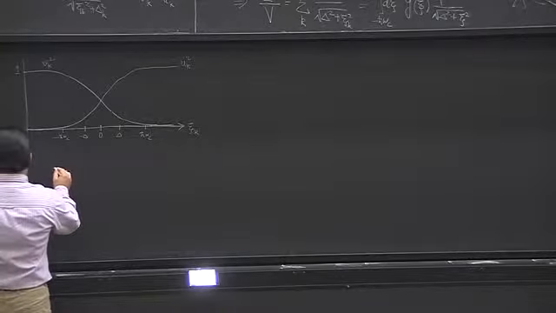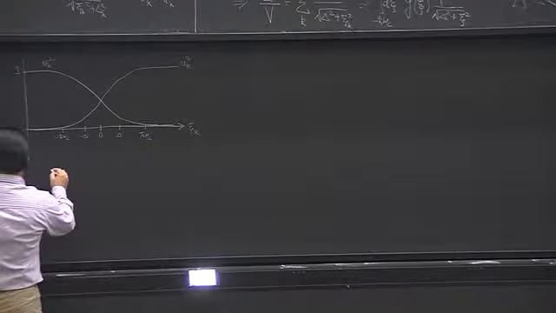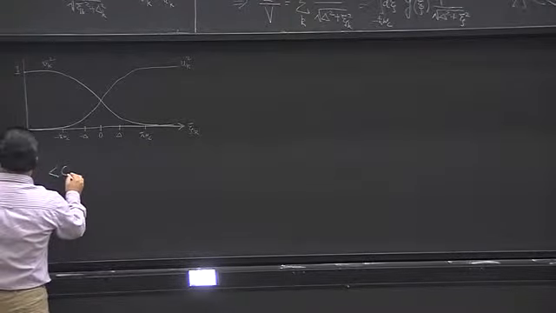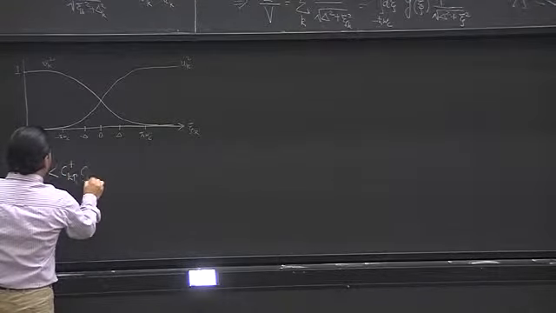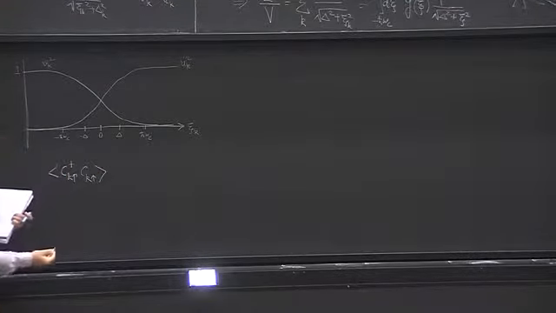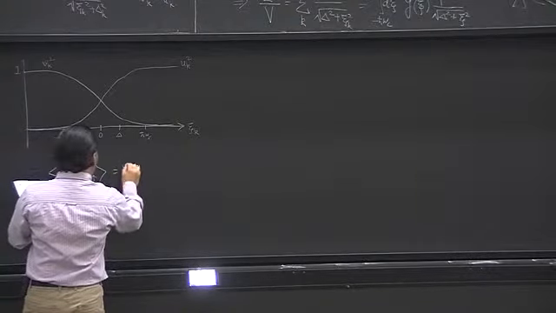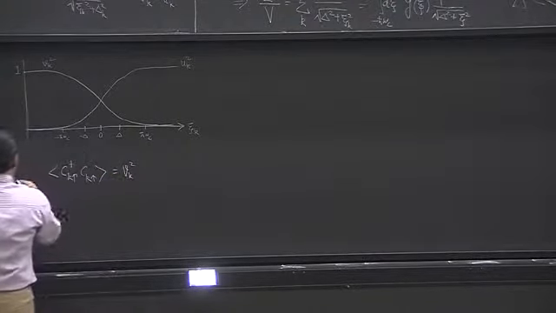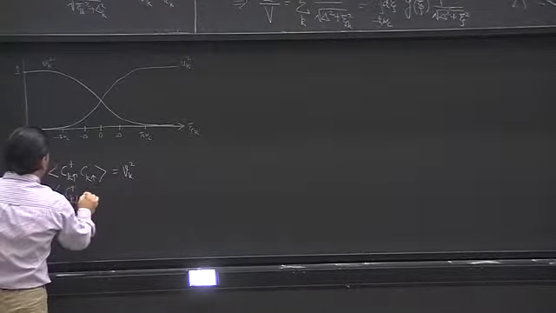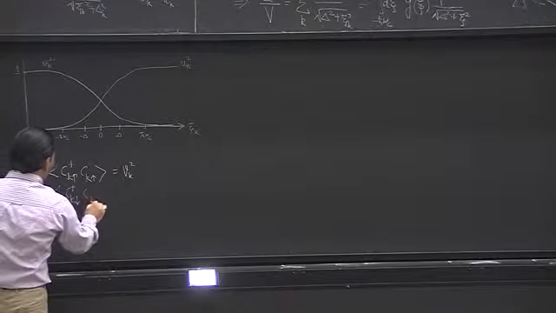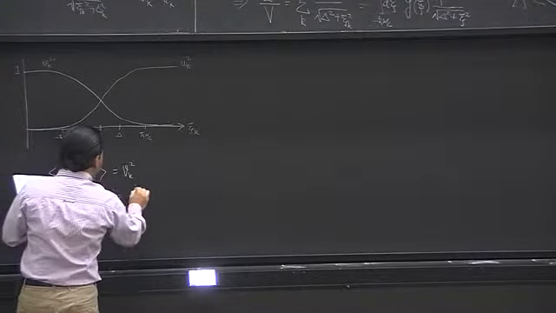For the moment, if you remember our calculation from Friday, you can check that the expectation value of Ck up dagger Ck up in the ground state was equal to Vk square. Also, the expectation value of C minus k down dagger C minus k down was also Vk square.